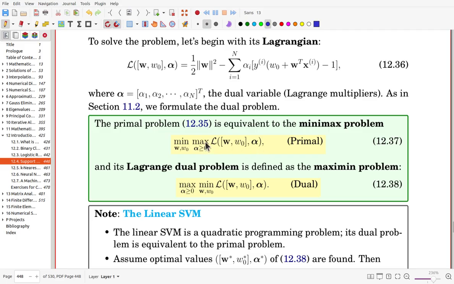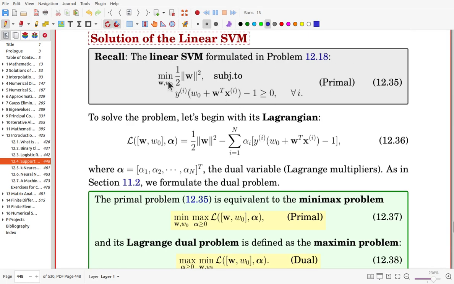And once you change the order of this minimization and maximization, then it becomes the dual problem. We call this problem the Lagrange dual problem or dual problem, but sometimes we say max-min problem. Now this is a dual problem for quadratic problems, and this dual problem is equivalent to the original primal problem. So here we have a quadratic problem.